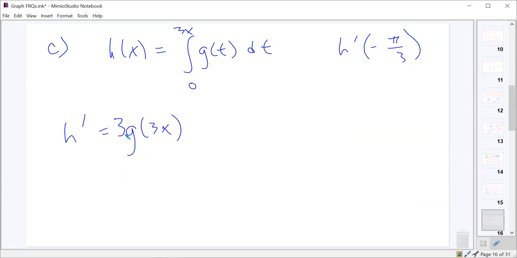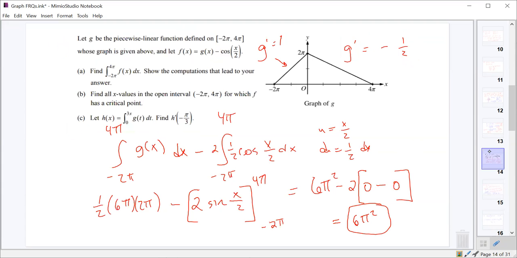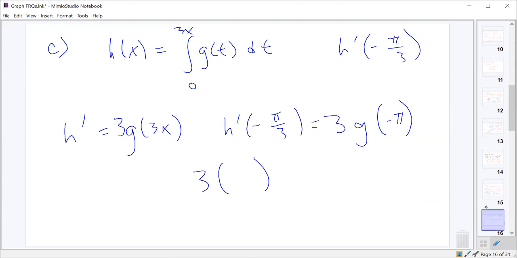And if we want to find h prime of negative pi over 3, that ought to be 3 times g of 3 times negative pi over 3, which is negative pi. And so then we'll just have to figure out what g of negative pi is. Negative pi is right here. So if we've gone over pi, we must have gone up pi. So that ought to be 3 times pi.